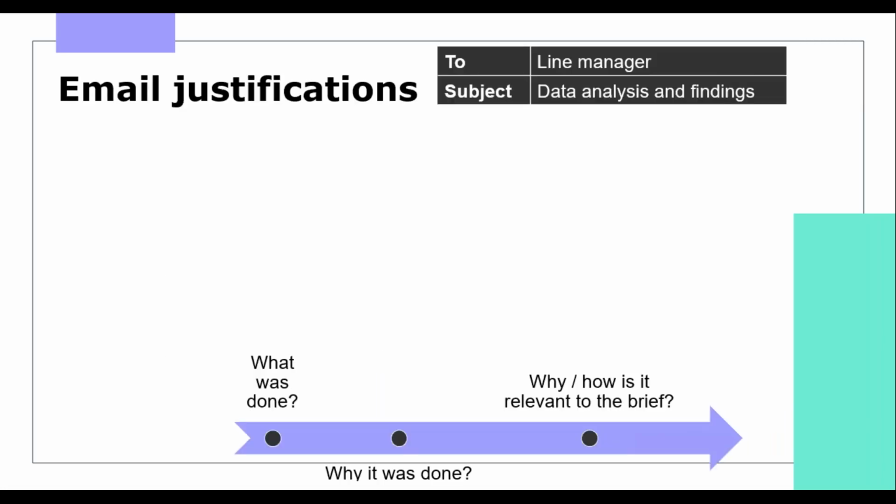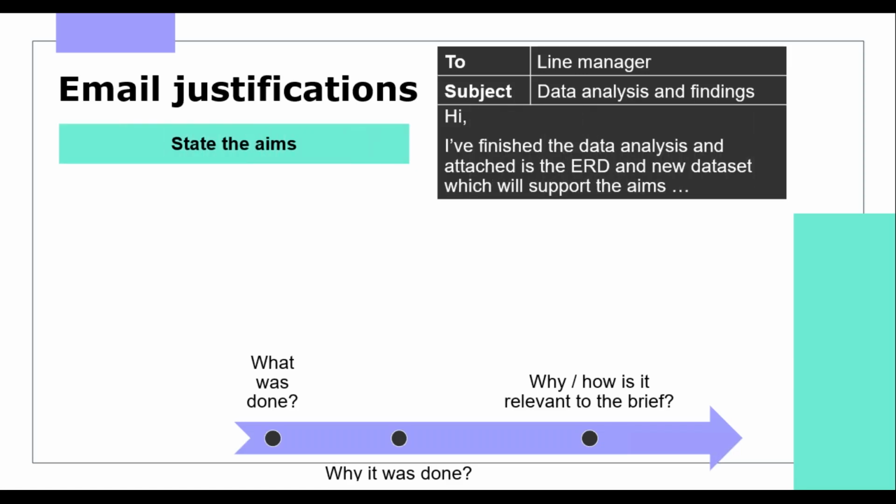Now, the justification is where the students have the opportunity to explain the reasons as to why they've taken the steps they have. As this is an informal email to the line manager, the language should be suitable for a technical audience. And it's worth having students restate the business aims in the opening paragraph to ensure they're making it relevant to the brief.